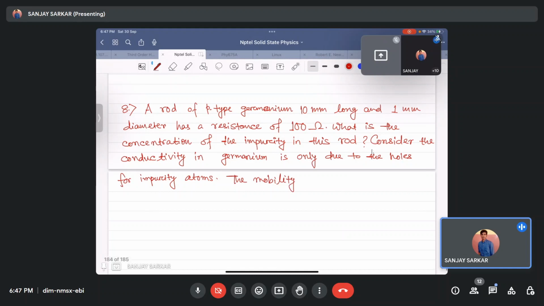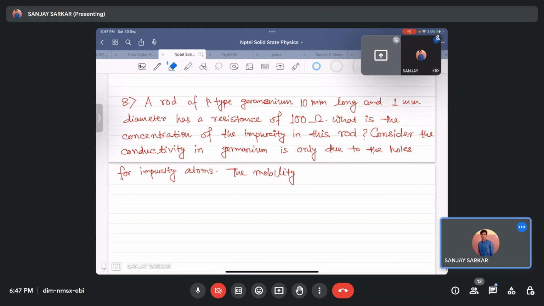The mobility of holes in germanium is given by mu h equal to 0.13 meter square per volt second.